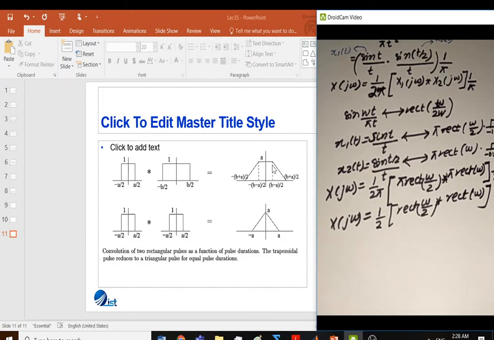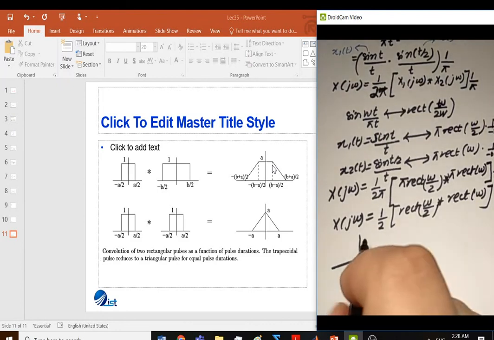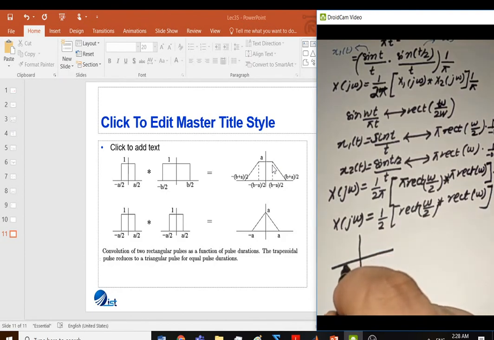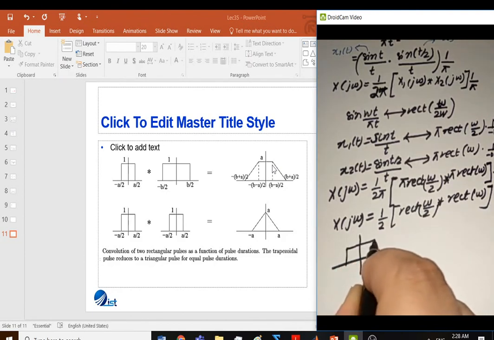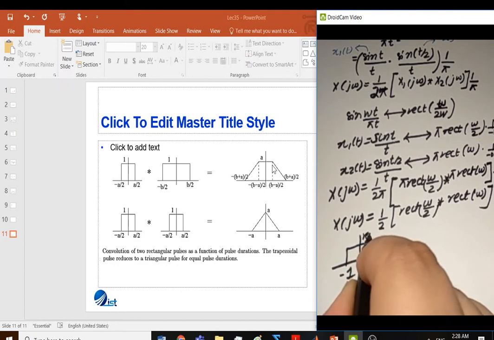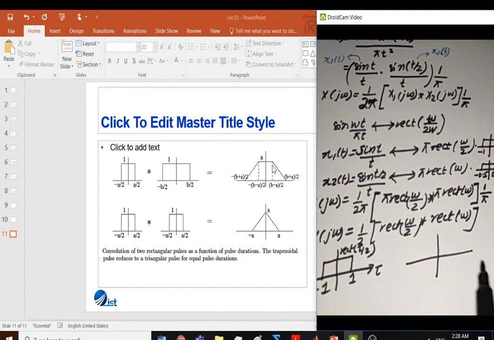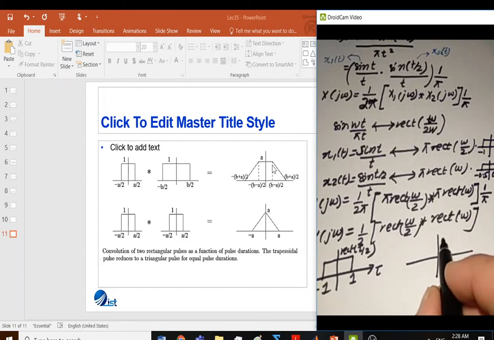So what are the steps of convolution? We change variables. Say the larger function becomes a function of tau, rect tau by 2. You have to remember that these are the frequency domain functions which are being convolved. And the other function, the smaller one, is the one which gets flipped and slid.